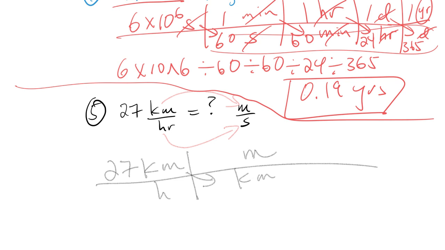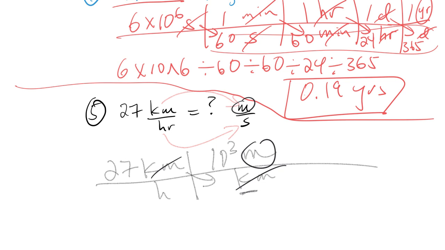Kilometers to meters. Little k stands for 10 to the 3. It goes next to the basic unit. Kilometers cancel out, units do. I'm going to keep the meters because that's what I want on top.